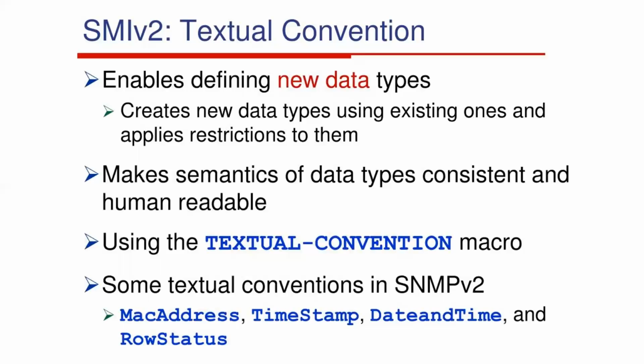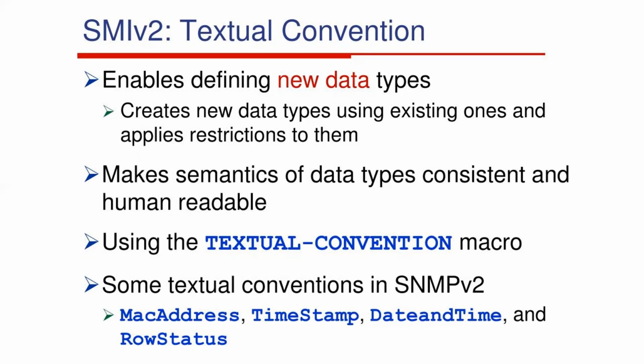It is also intended to make the semantics consistent and clear to the human reader. Although new data types could have been created using new ASN.1 classes and tags, tags is very important, the decision was made to use the existing defined class types and apply restrictions to them.